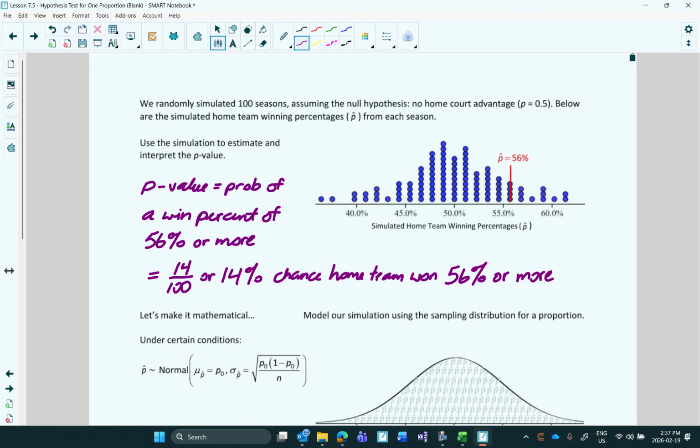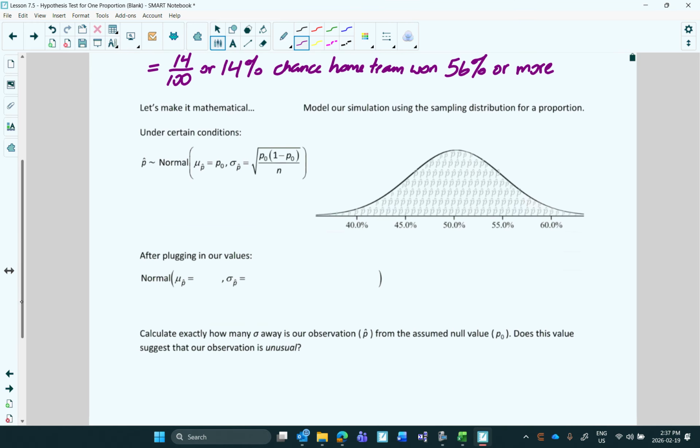Okay. Now, let's do the actual math with the sampling distribution, and with the formulas that we've used previously. Under certain conditions, we can assume that we have a normal distribution and that the mean of all the sample proportions will be, when we do a test, the null value.